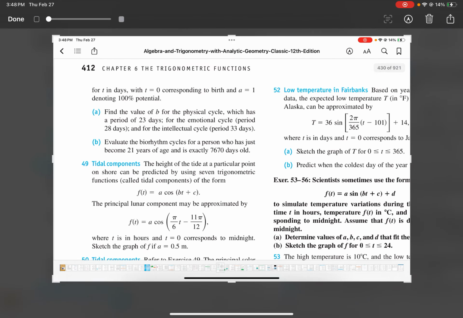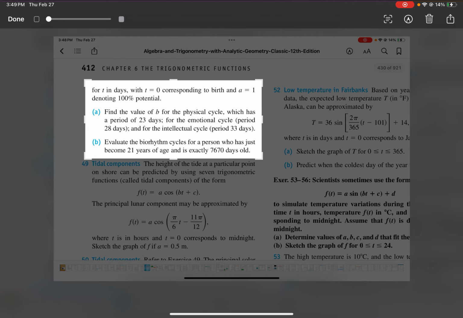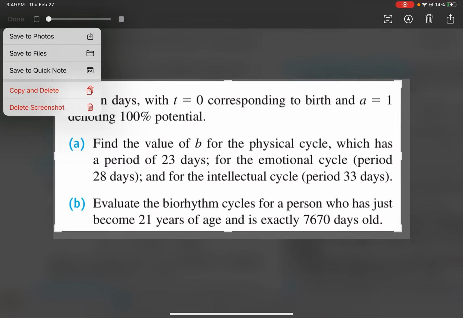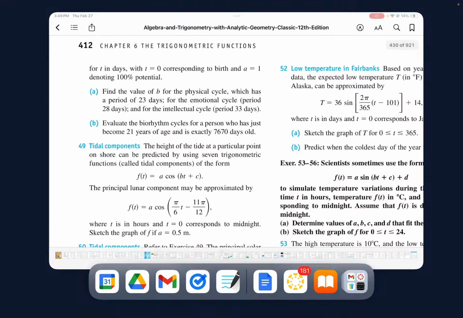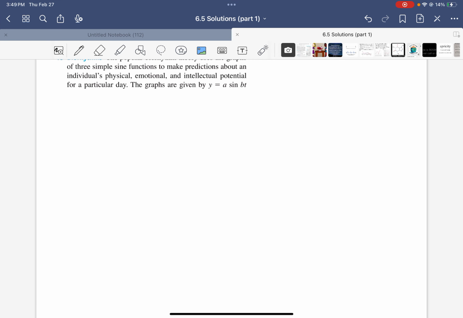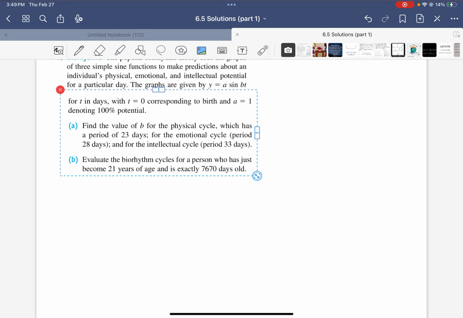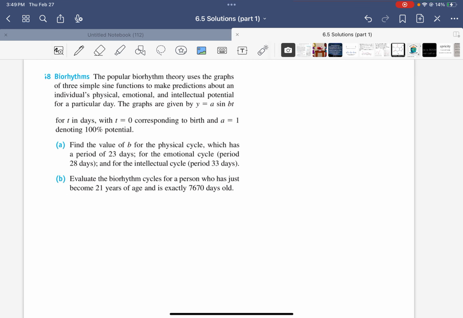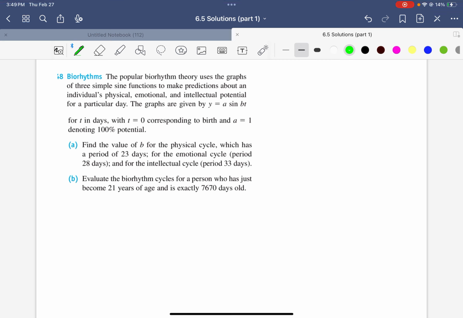So if we look at this, it says A equal to 1 is 100% potential. The popular biorhythm theory, the theory of biorhythms, uses graphs of 3 simple sine functions to make predictions about people's physical, emotional, and intellectual potential for a particular day.